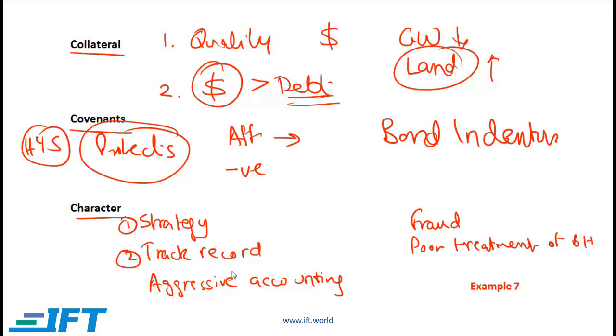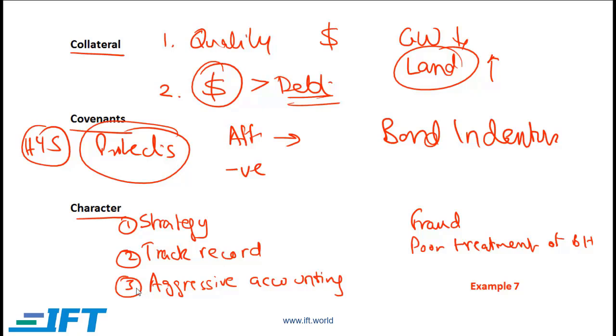We can also look at the track record of the management team at their previous jobs and see whether they generally have taken the company to stronger positions or weaker positions. Obviously, if we have a management team that has a record in the past of leading companies into financial distress, then that would be a negative sign.